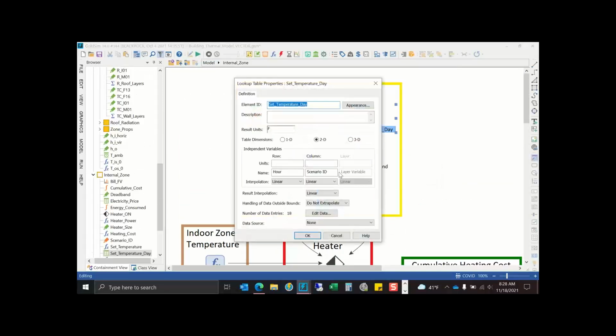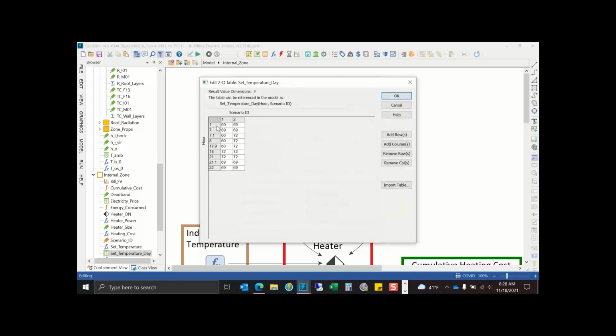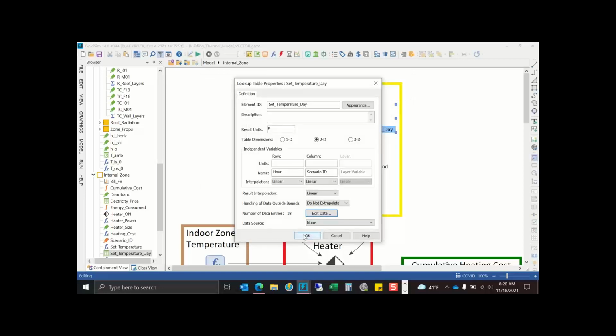So we start with the set temperature. This varies hourly throughout the day, and it depends on our scenario. So one is our scenario where we are working from work, where we set the temperature low throughout the course of the day, and then this set temperature is COVID, so we are here all day. So we set the temperature higher.